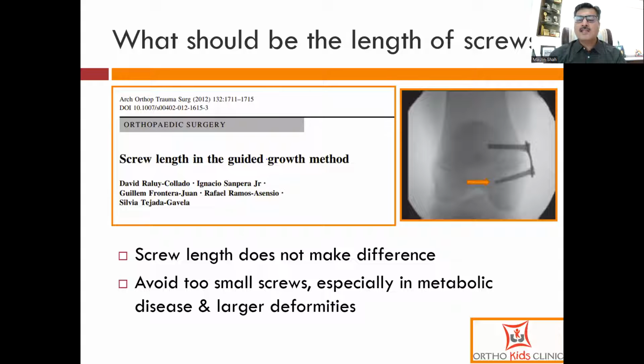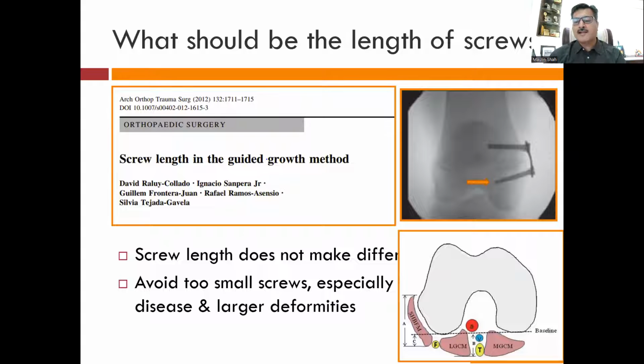The reason is, if you see the axial cut of the femoral condyle, the popliteal artery lies in the notch of the femoral condyle. And if by mistake you go a bit too posterior, then you might injure the vessel. So be careful that your wire should not go beyond this condylar ridge. And that you will be able to see in an internal rotation view of the knee.